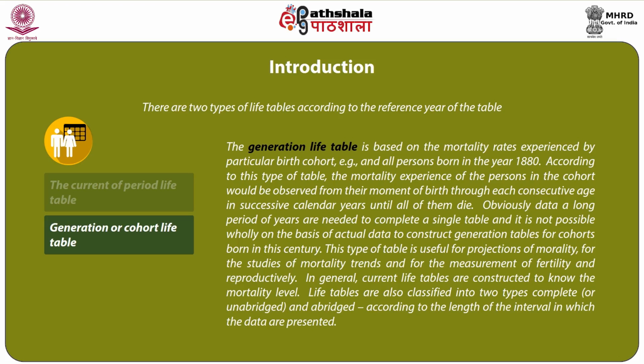Obviously, data and a long period of years are needed to complete a single table, and it is not possible wholly on the basis of actual data to construct generation tables for cohorts born in this century.